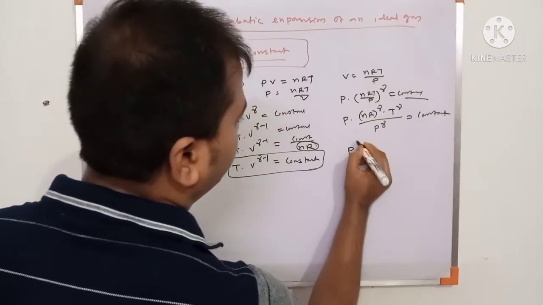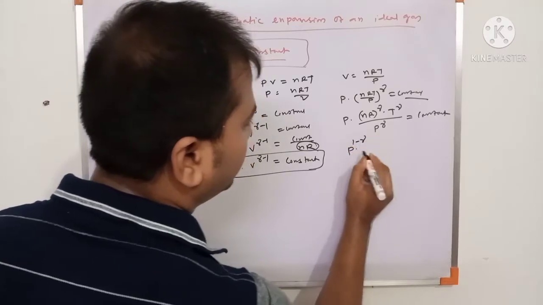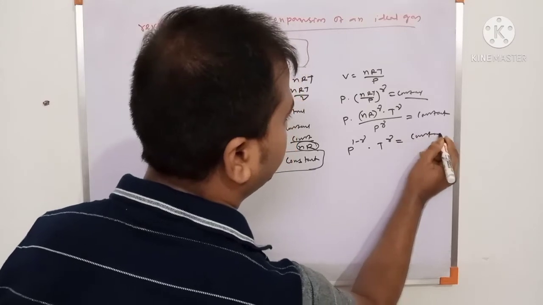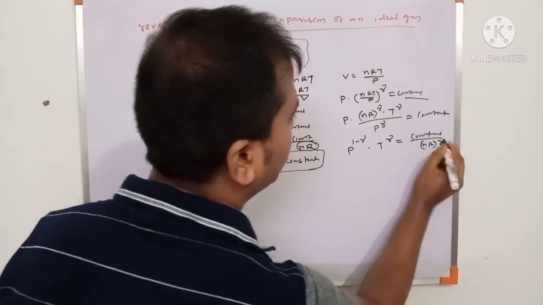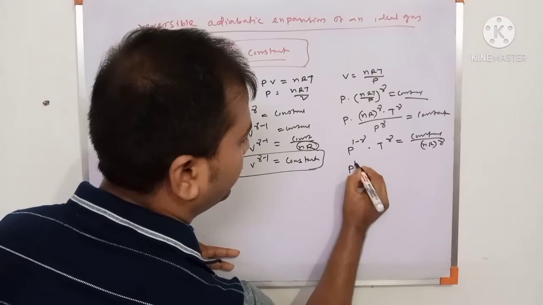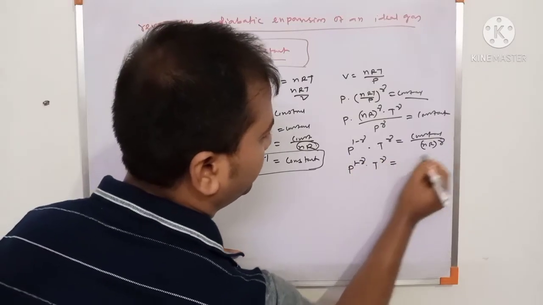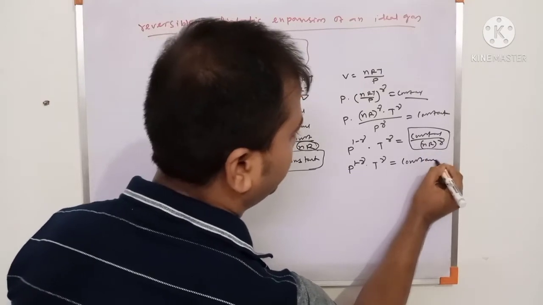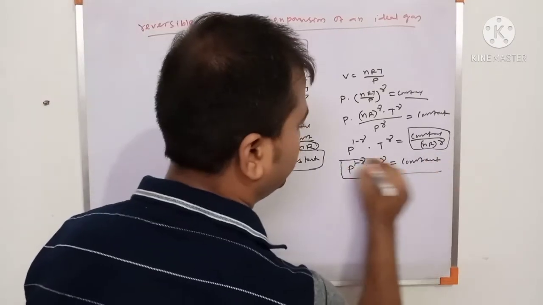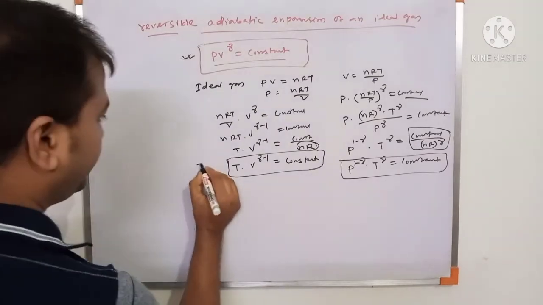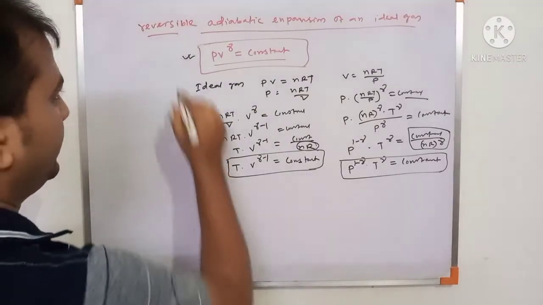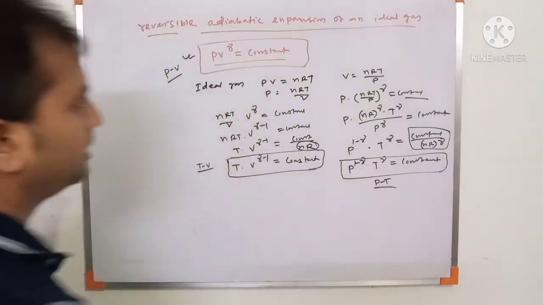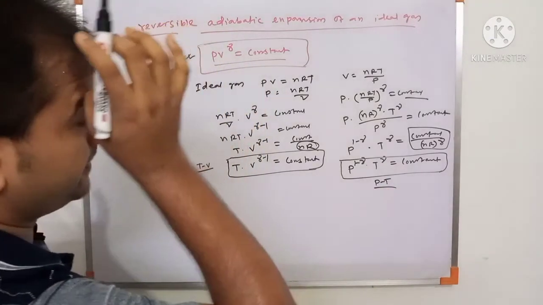P to the power 1 minus gamma into T to the power gamma equal to constant by (nR) to the power gamma. This is an overall constant, because R is constant. This is the TV, this is the PV, and this is the PT equation for reversible adiabatic expansion.